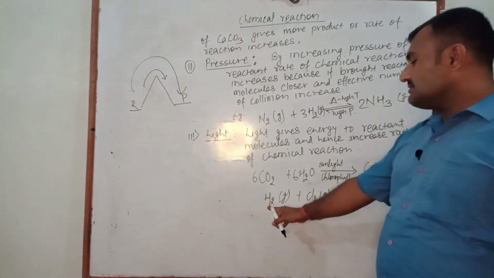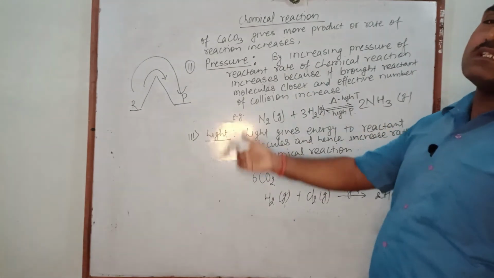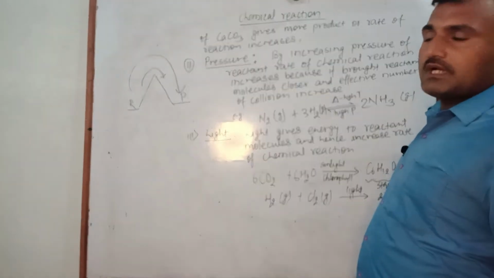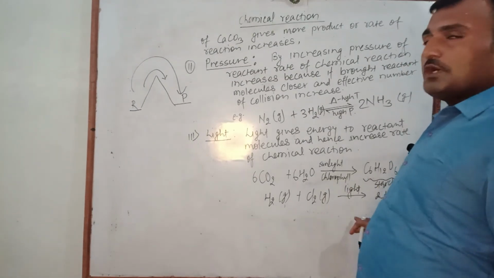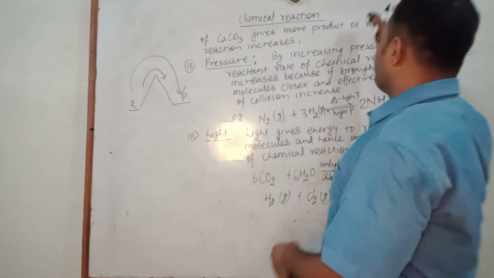Light energy converts the molecules to atomic form, gives energy, and helps them react with each other and change into product. The rate of all these reactions depends upon light energy.